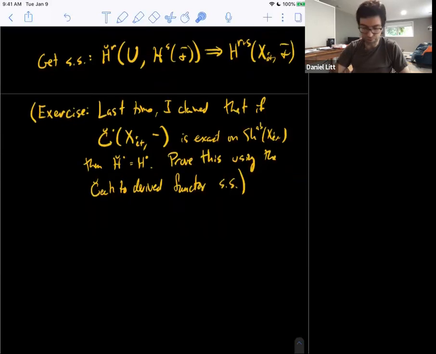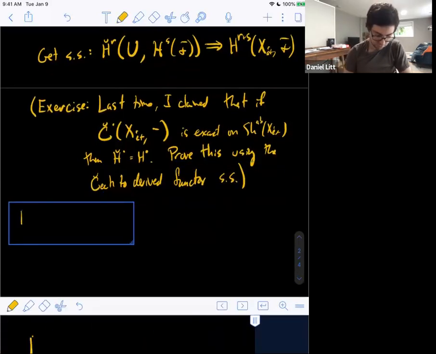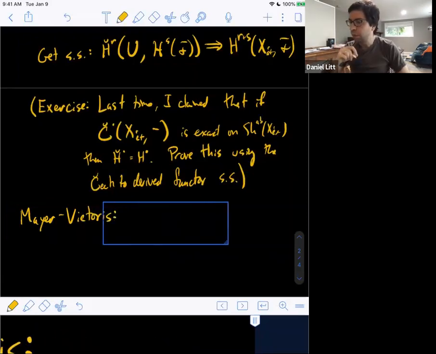Okay, so now let's talk about Mayer-Vietoris. Mayer-Vietoris is not about general covers. It's something about Zariski open covers. So here's the proposition.